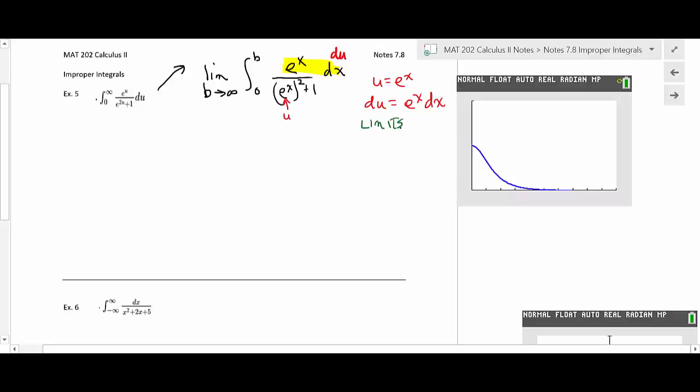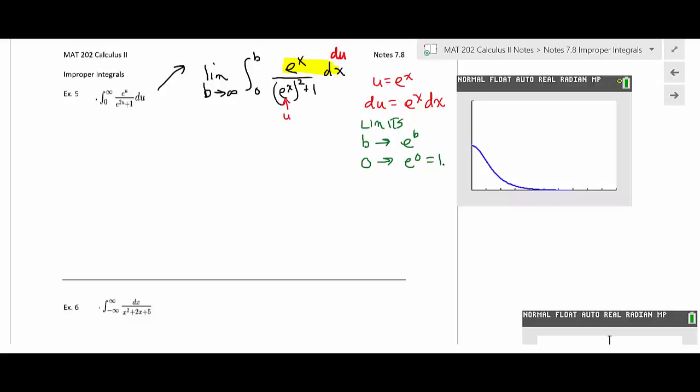Since we're doing a u substitution, the b is going to become e to the b, and then the 0 is going to become e to the 0. So that's going to go to 1. So I'm going to integrate from 1 to e to the b. Okay, like that. Everybody with me okay?